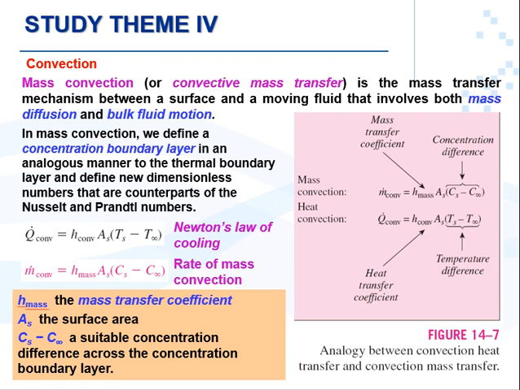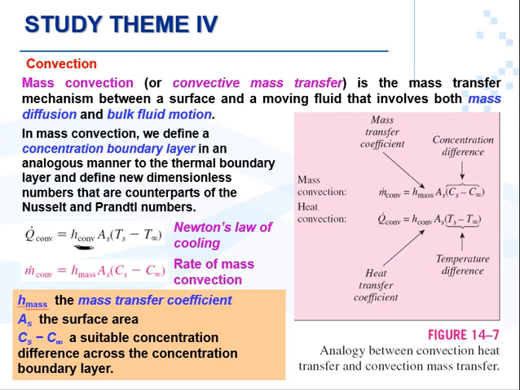We are going to talk about mass convection and the analogy between mass and heat convection in detail, but just to have it a little bit here, it is exactly the same. We have one coefficient in Newton's law of cooling or heat convection: the convection heat transfer coefficient multiplied by A_s multiplied by the temperature difference.